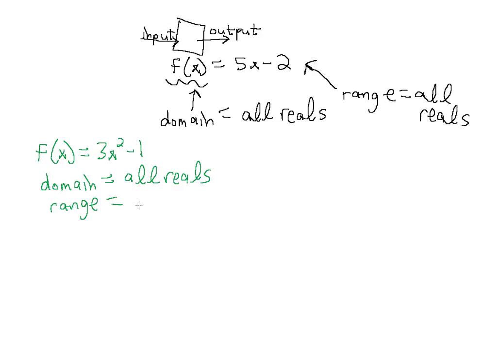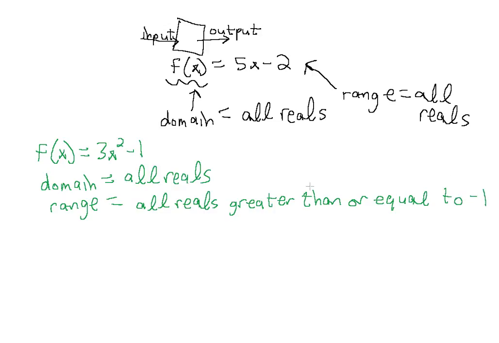So the range, or the possible set of numbers that the function can spit out, is the set of all real numbers greater than or equal to negative 1. And that's the range.